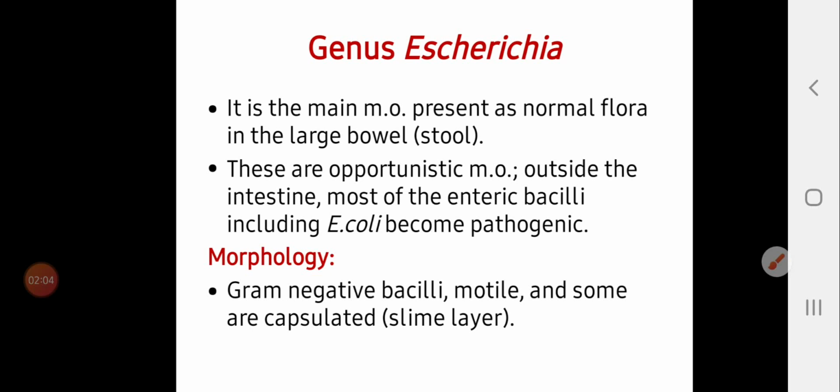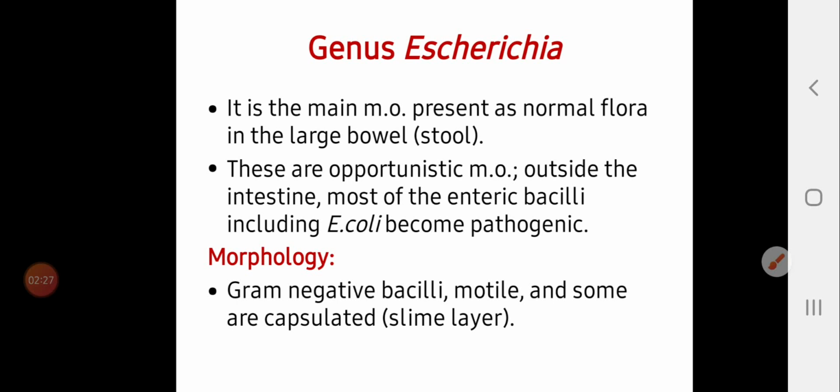They may become pathogenic if they go outside the intestine, like most enteric bacilli. Our example today of Enterobacteriaceae is E. coli.